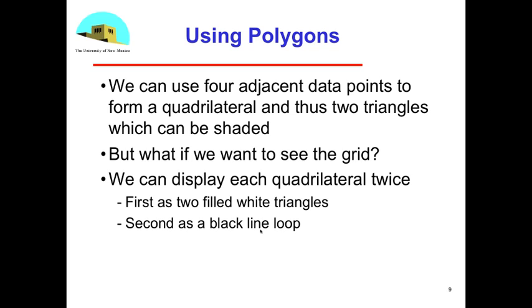Everything I don't want to see is going to be blocked by the filled polygons, and then on top of them, because I render it second, it's going to color over the white on the edges with the black that I want for the line loop.